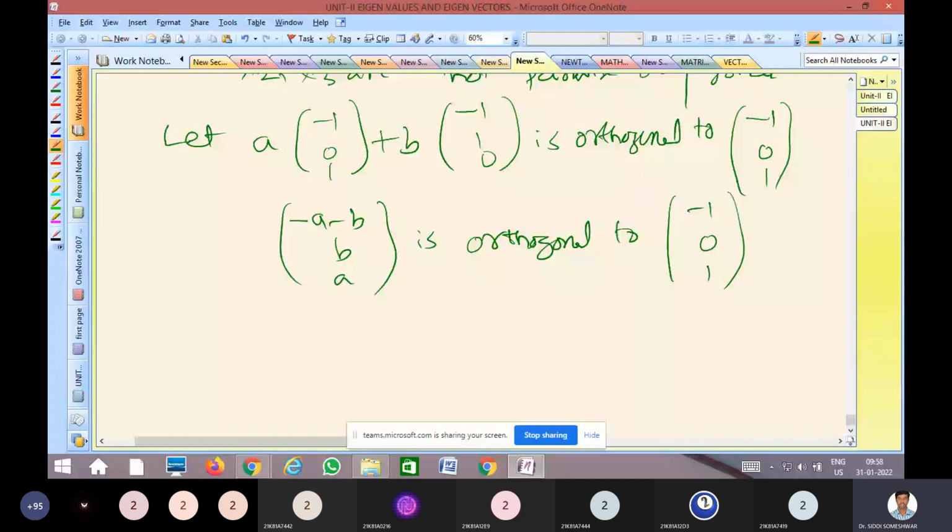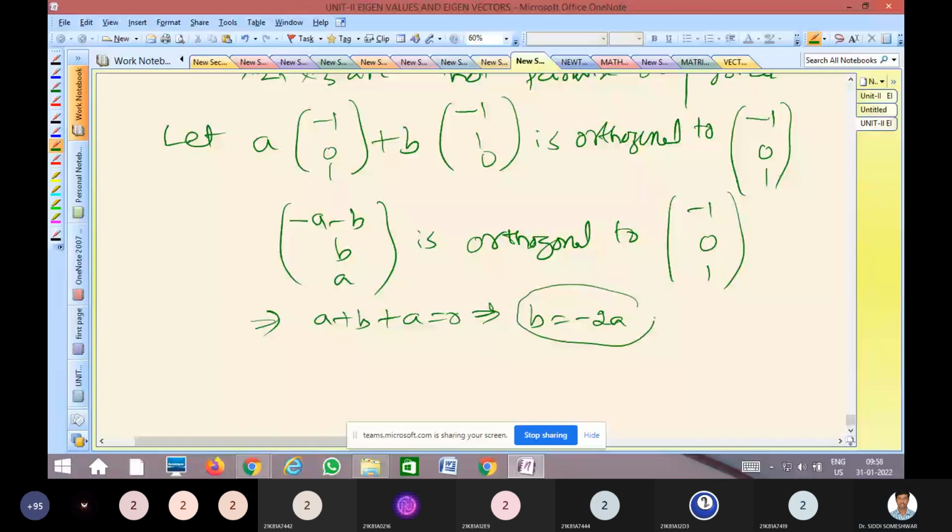Orthogonal means h1 transpose into h2 equal to 0 here. So if you multiply, A plus B plus A, which is equal to 0. That implies B equal to what? Minus 2A.